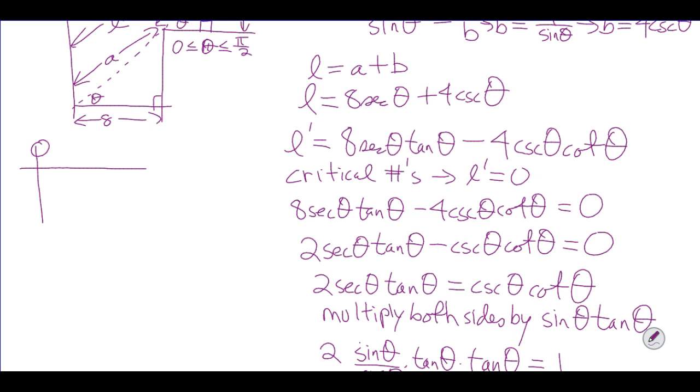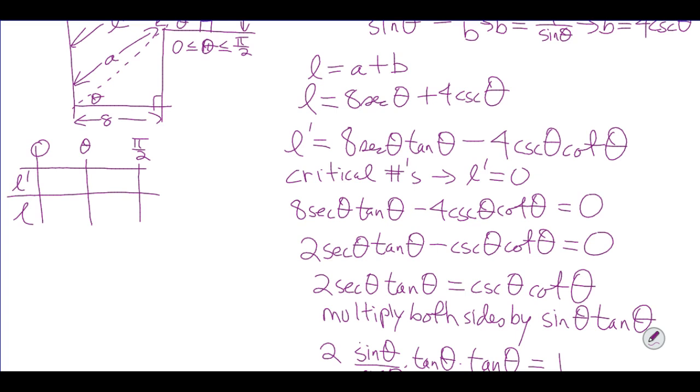It's going to go 0, then our angle theta, whatever it is, we don't exactly know what it is, and we've got pi over 2 here. I'm just going to write what L prime is.